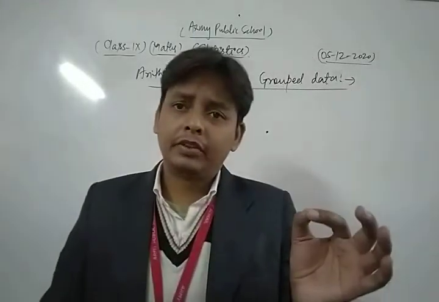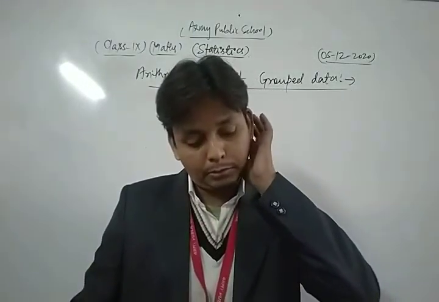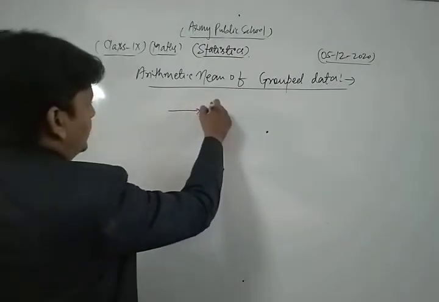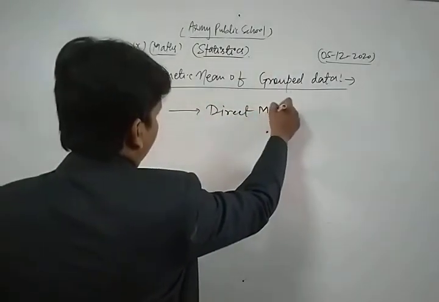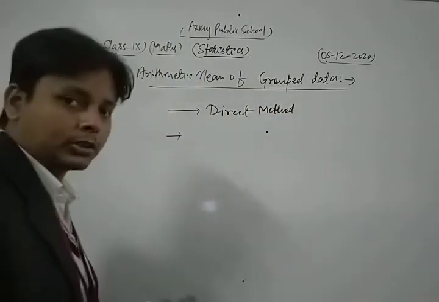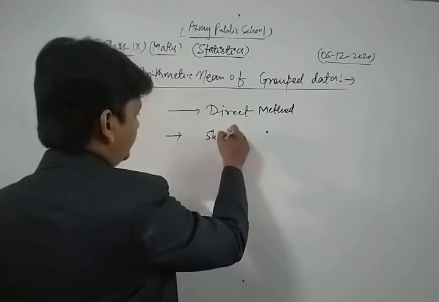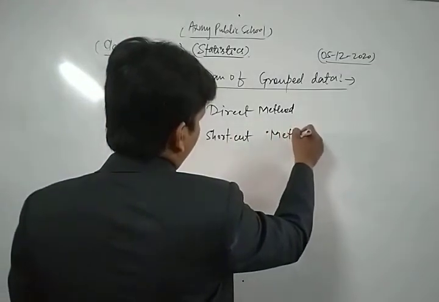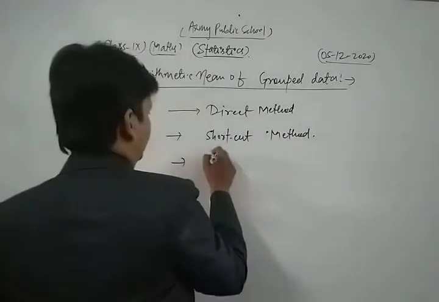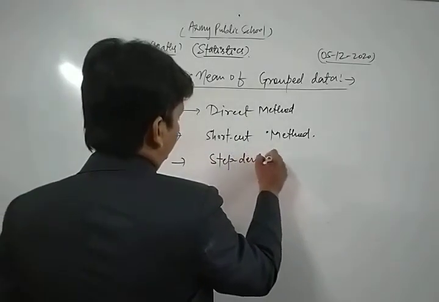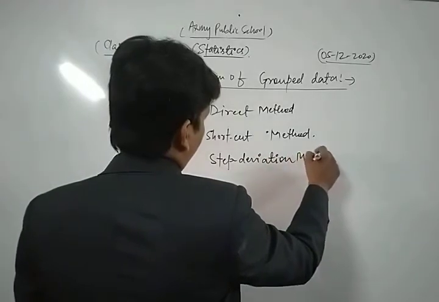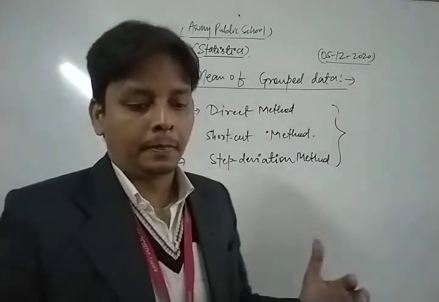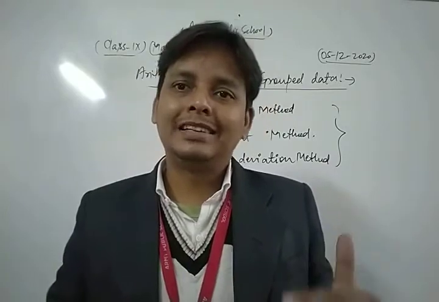So in the discrete frequency distribution, the arithmetic mean can be calculated by these three methods: direct method, shortcut method, and step deviation method.